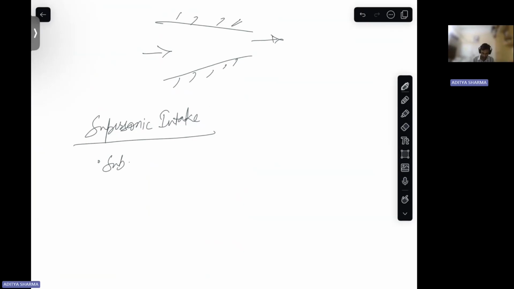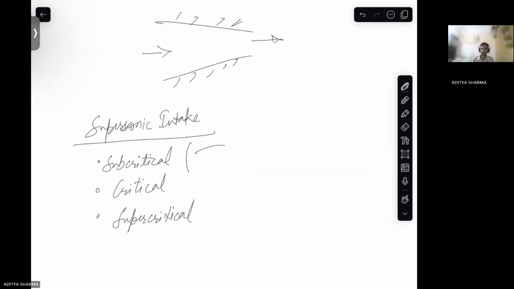One is subcritical, one is critical, one is supercritical. So in subcritical conditions, your shock will be in front of your air intake.